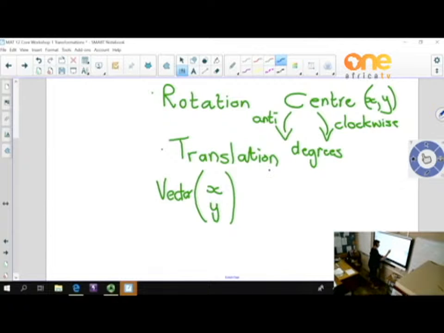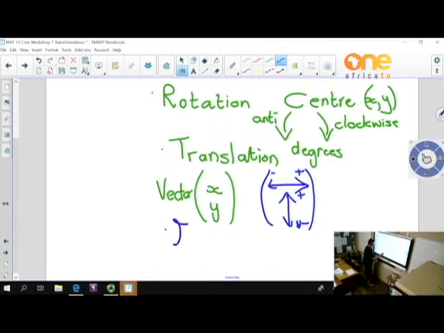The meaning of that is, if you go to the right, x is positive, and to the left it is negative. If you go up, it is positive, and if you go down, it is negative. So this is the x movement, and this is the y movement, the column vector.